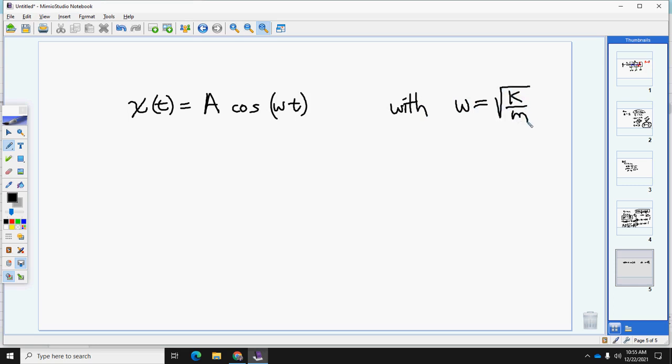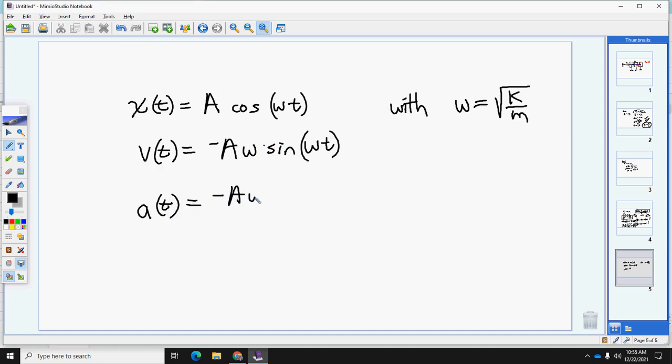And then if I take the derivative of that, I get the velocity function. And using the chain rule, that comes out negative A omega times sine of omega t. And then I can take the derivative again, and I get a of t is equal to negative A omega squared cosine omega t.